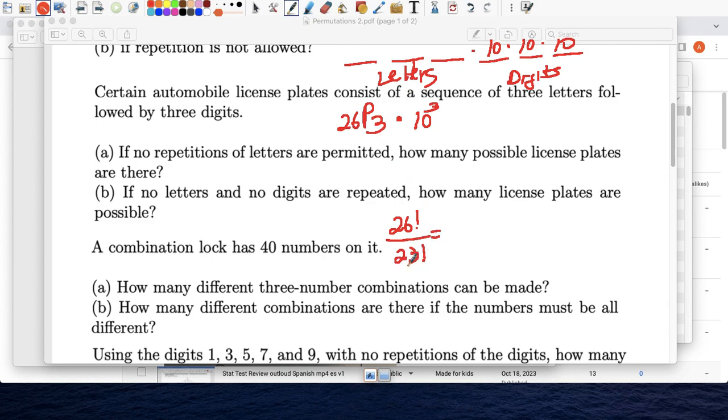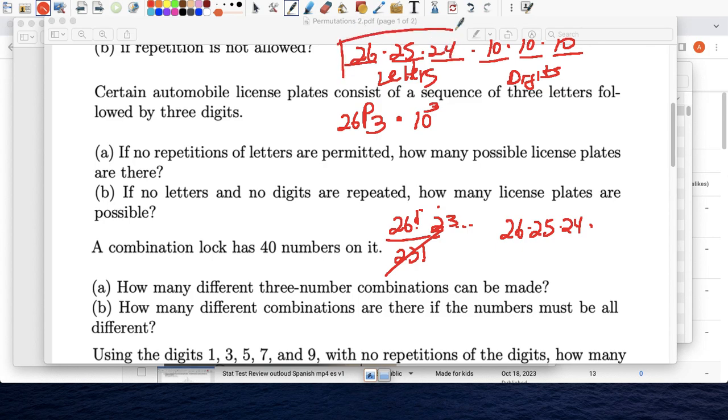Now, if you expand it out, notice that 23 factorial is going to simplify with everything from 23 down. So you're left with 26 times 25 times 24. That's it. And then I'll put these numbers here.